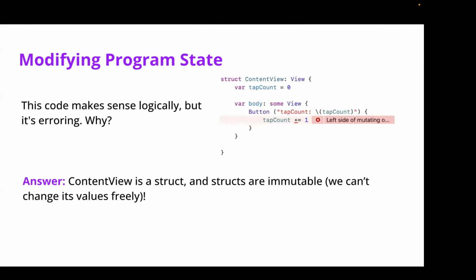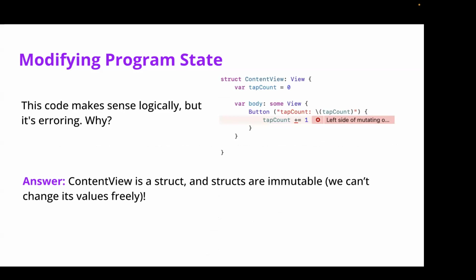For modifying program state, I showed some code, and I know the answer is on the screen, but let's go through it. It's declaring a variable called tap count, which is 0, and then in the body it has a button that you could click on and it'll increase the tap count.